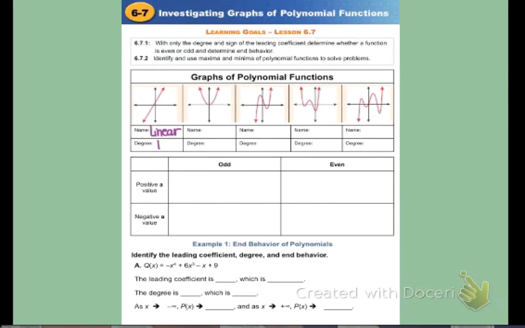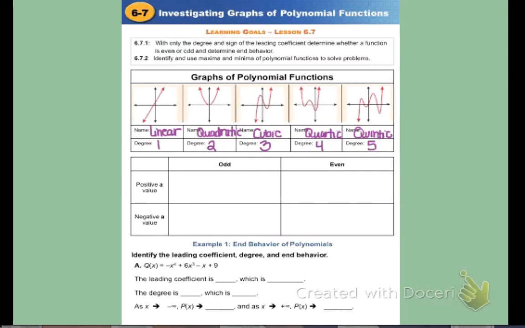That's quadratic, and it, of course, is degree 2. We've studied those a lot. The third one is a cubic function, and it's degree 3. The next one is a quartic function, and so the degree is 4. And finally, the quintic function, and it has degree 5.